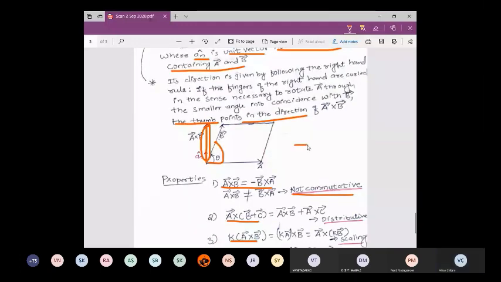Say I have a vector A with magnitude 2. How can we write this as a vector? 2 by magnitude of A? 2 i cap?